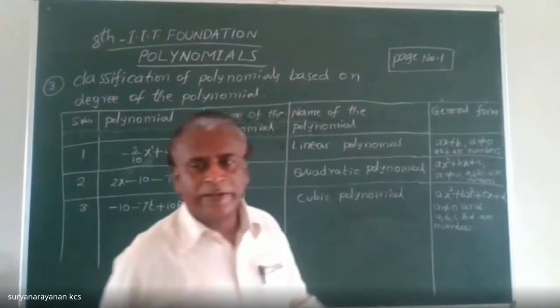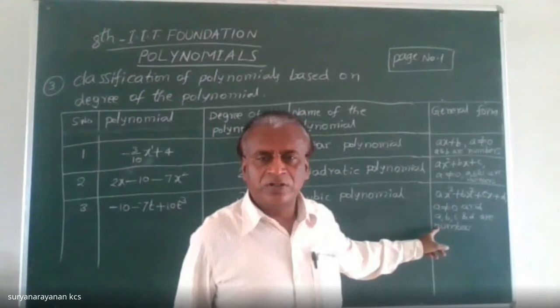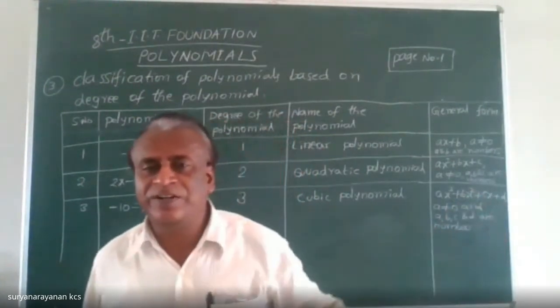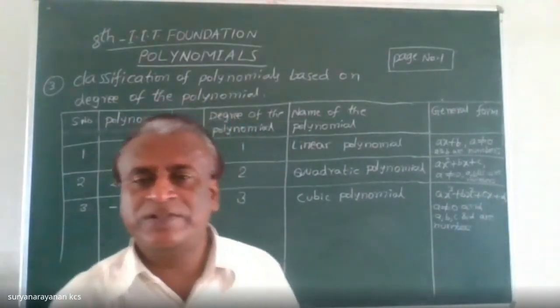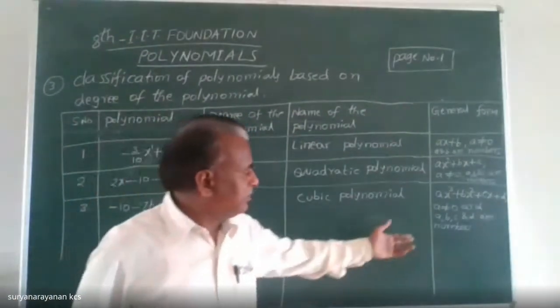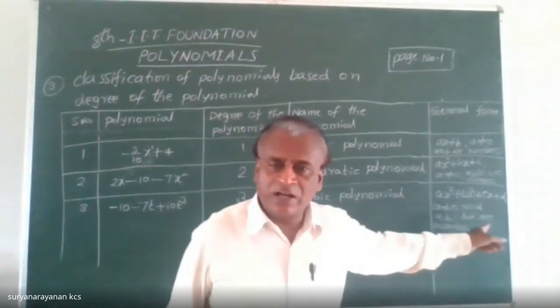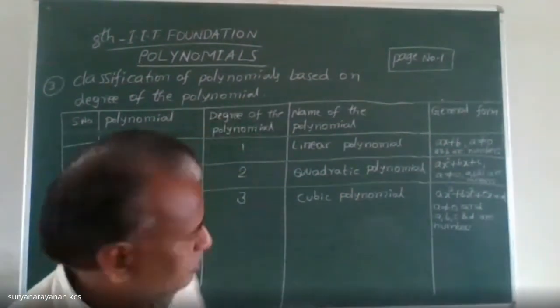Here also the x cube coefficient a is not equal to 0, and a, b, c and d are numbers. They may be natural numbers, whole numbers or integers. This is called the standard form or general form of a cubic polynomial.